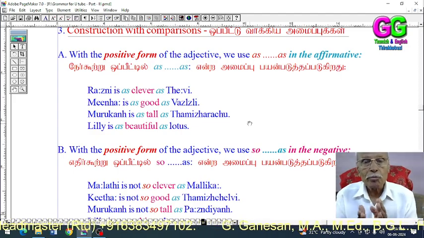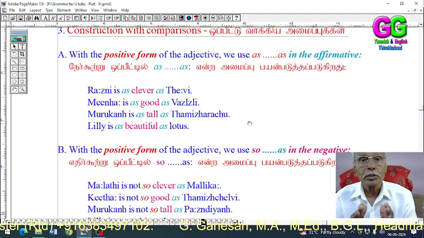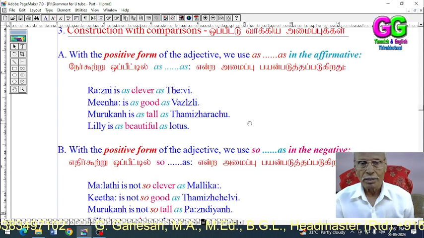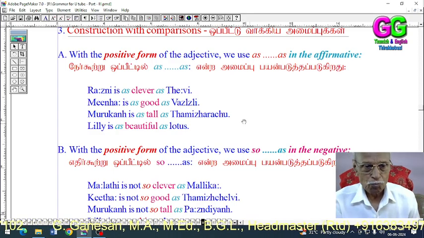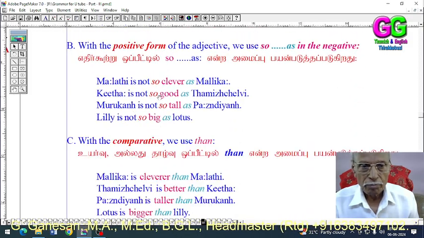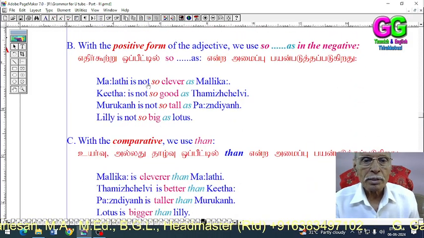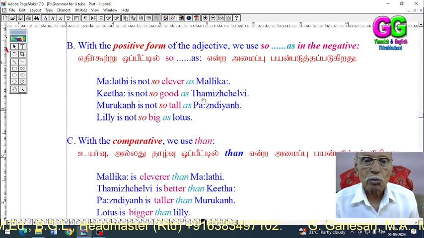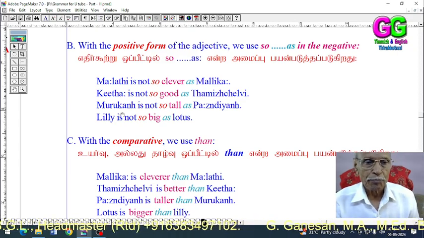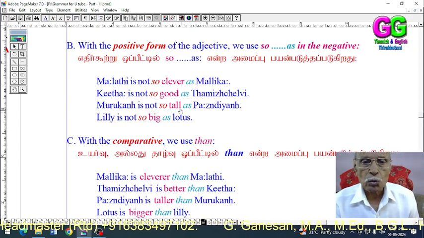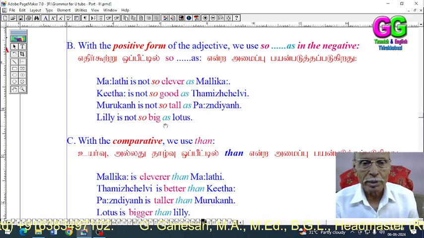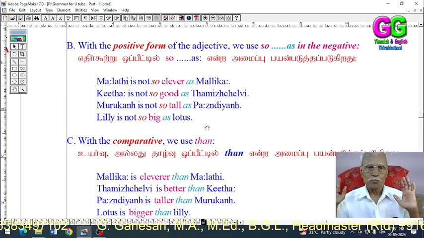For negative meaning, we have to use the scale so as, not so as. Malati is not so clever as Mallika. Hida is not so good as Tamichelvi. Murugan is not so tall as Pandian. Lily is not so big as Lotus.